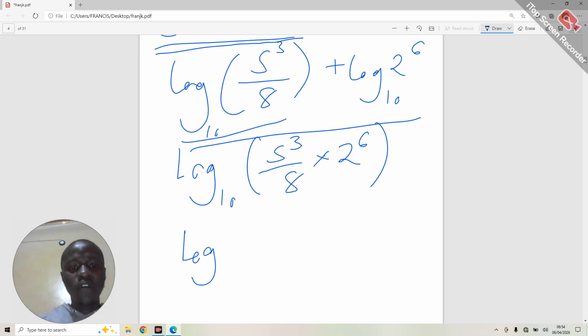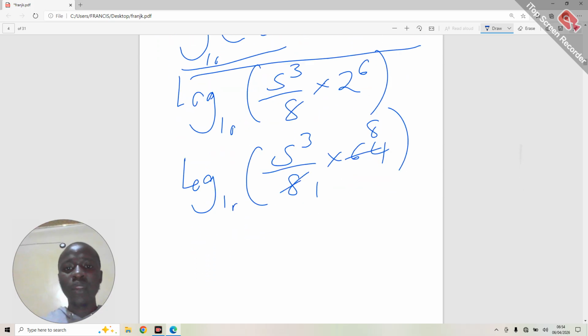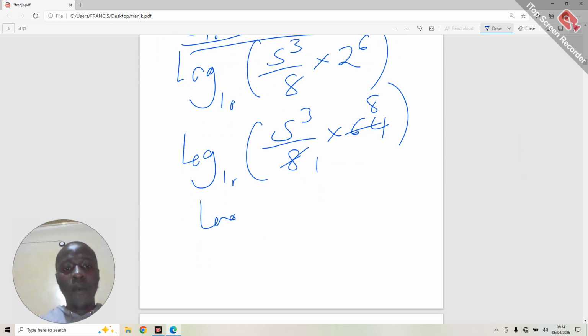So log of base 10, 2 power 6 is the same as 64, guys. And 64 can be divided 8 times. So it is 5 power 3 all over 8 multiplied by 64. So 8. So we have log 10, and 5 power 3 is the same as 125. If you multiply it by 8, you get 1000.